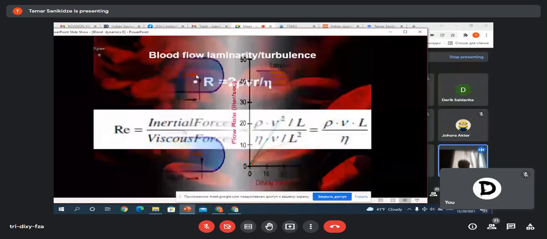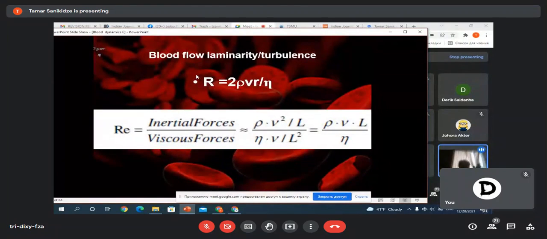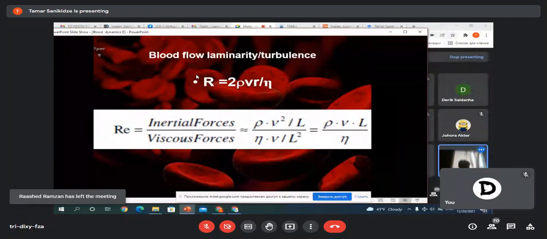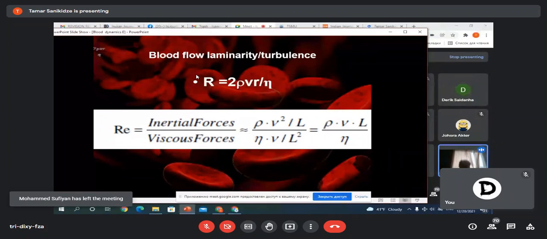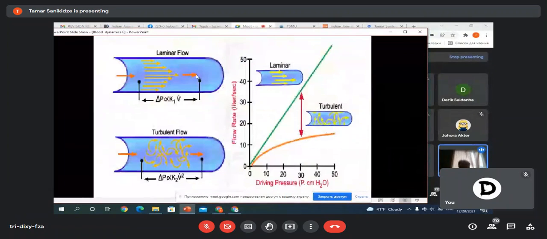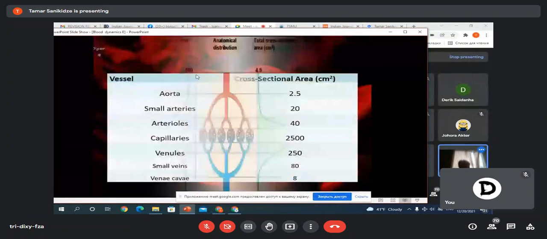In the blood vessels, usually the flow is laminar in straight vessels, and it is turbulent in bended and bifurcated vessels. In arterioles, flow is laminar.